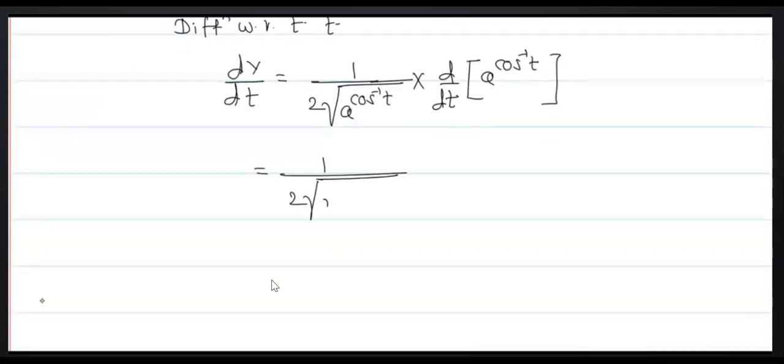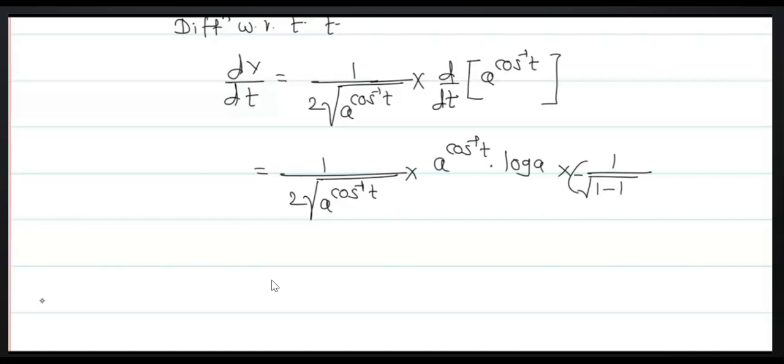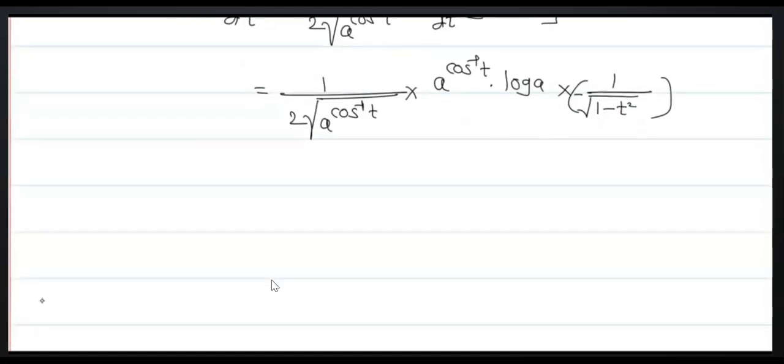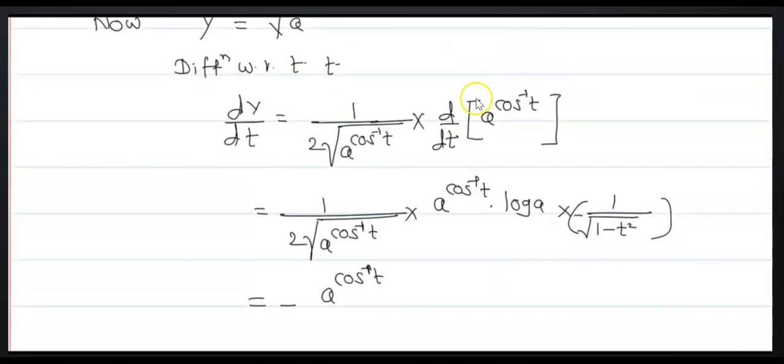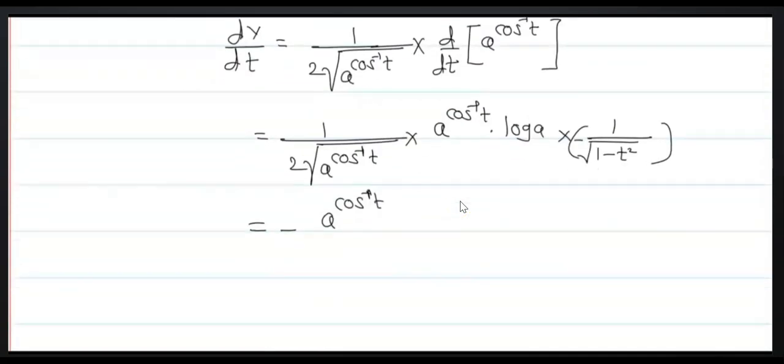That is a raised to cos inverse of t into log of a into derivative of cos inverse of t, which is minus 1 upon root of 1 minus t square. And therefore, a is the root of this quantity and here the power is 1.